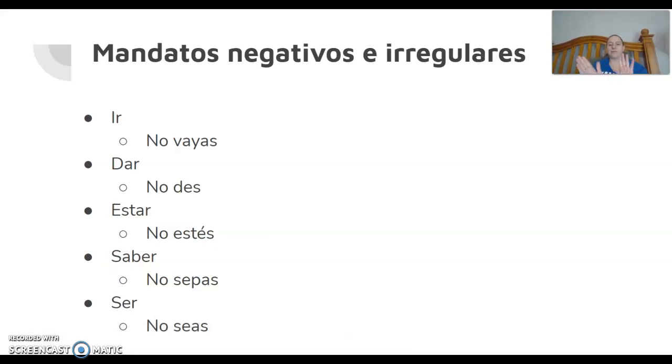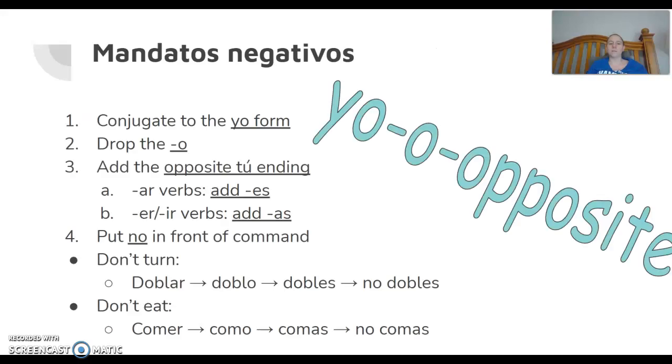These are also the irregulars for the subjunctive, but that's Spanish 4. You won't really use these at all this year. Like you could say no vayas, don't go until the light turns green. You could say that.